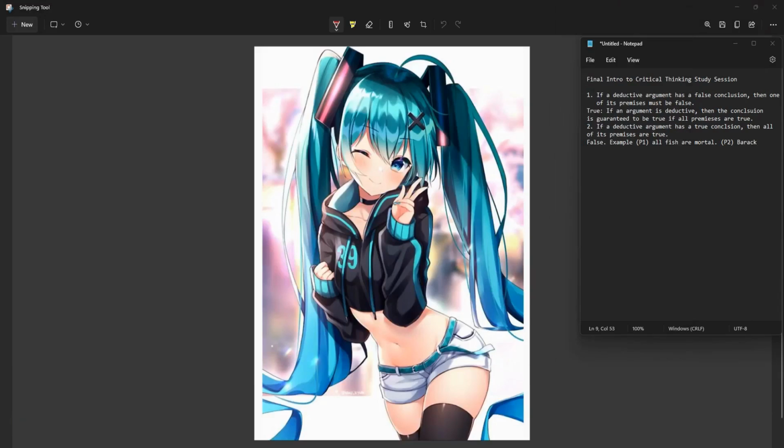Okay, so back to what I was talking about. I can't believe it. Barack Obama is a fish. Therefore, the conclusion would be Barack Obama is mortal. In a sense, this is considered a deductive argument.